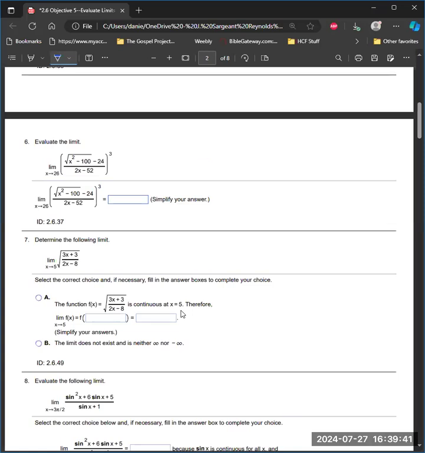I think that's going to be a 0 over 0 situation. So let me rationalize here. Make this x squared minus 100 minus 24 squared over 2x minus 52 times x squared minus 100 plus 24 squared.